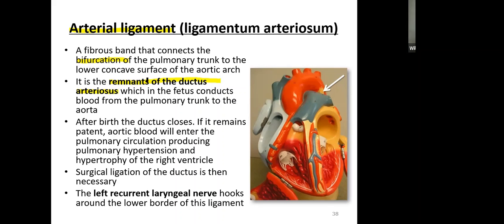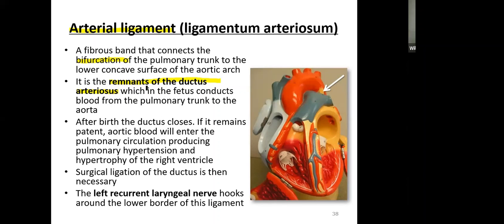Anatomically, we describe it as the arterial ligament. When we talk about it from an embryological point, we think of it as the ductus arteriosus. So it's the same thing, just two names. Ductus because that was what it was originally, and it then becomes this ligament.